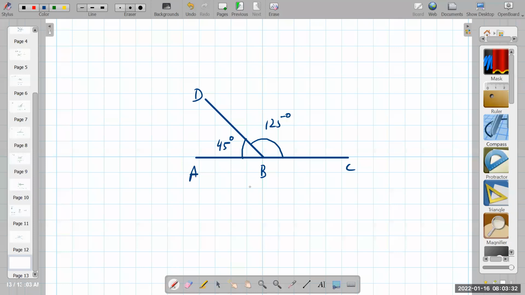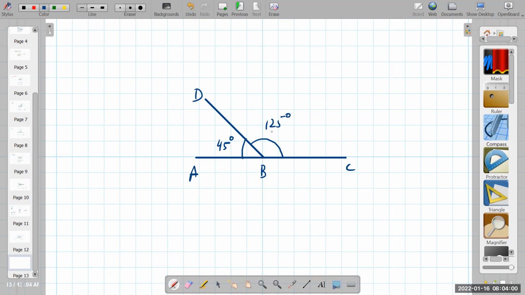It is written in the book. Decide whether ABC is a straight line or not. If we add up and the sum is equal to 180, then it is a straight line. If it is not 180, then it is not a straight line.